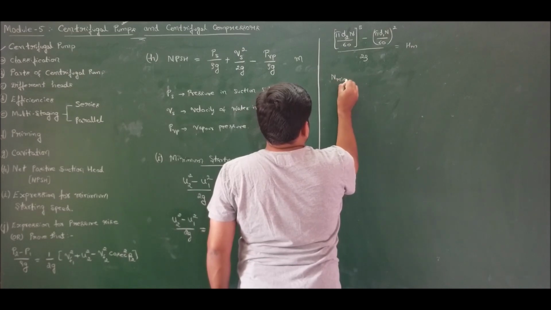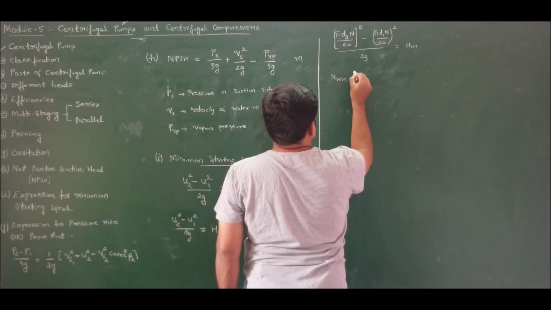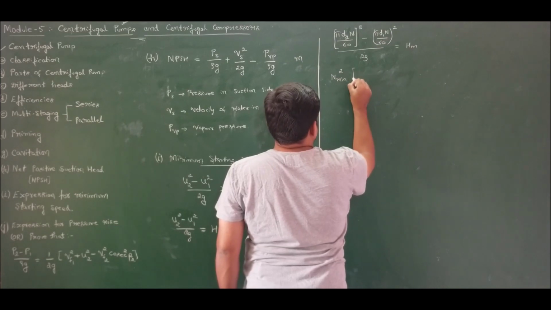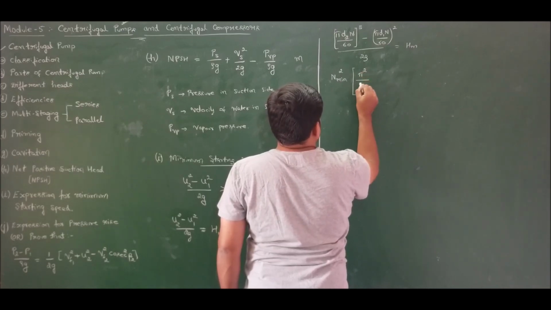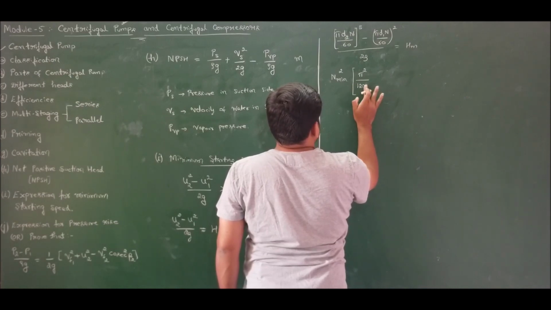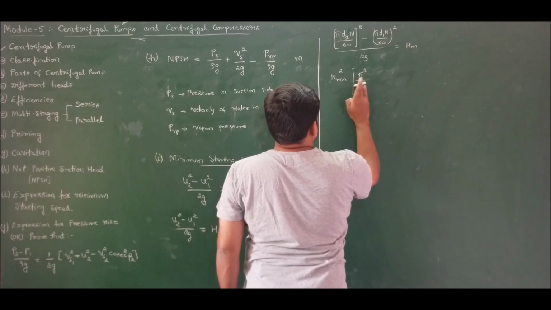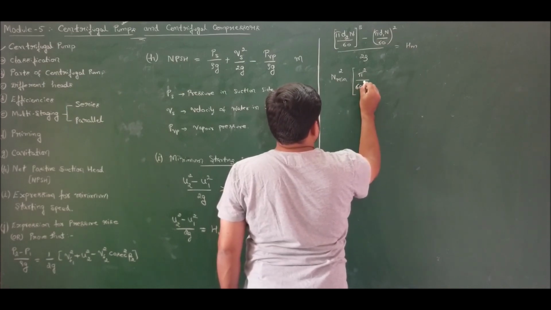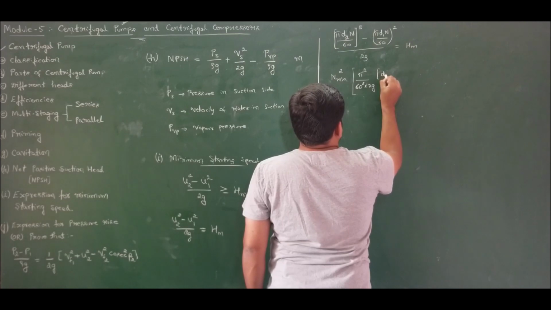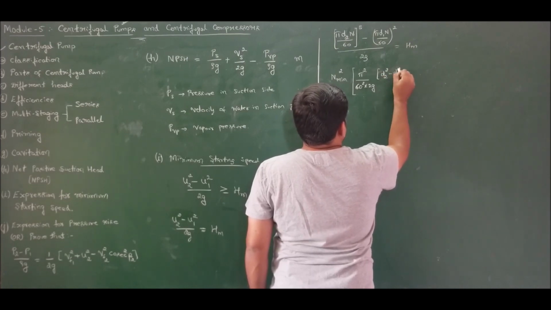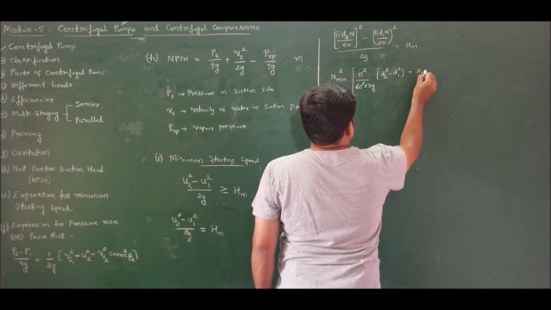So N minimum square into pi square by 60 square into 2g common, I am left with d2 square minus d1 square, which is equal to Hm.